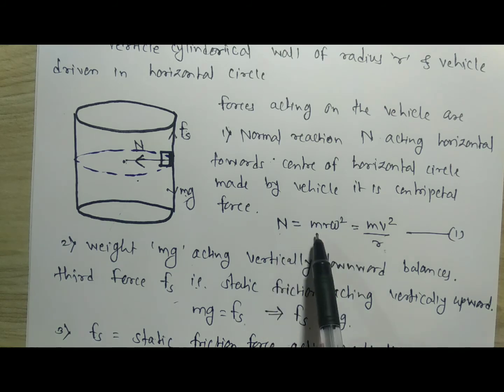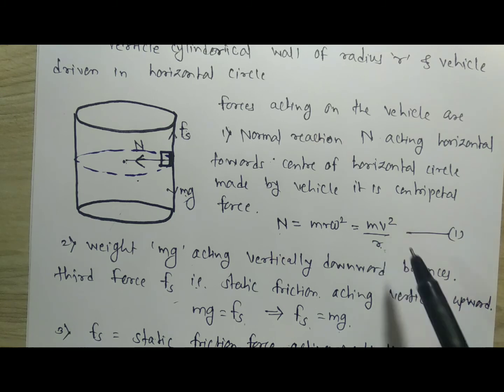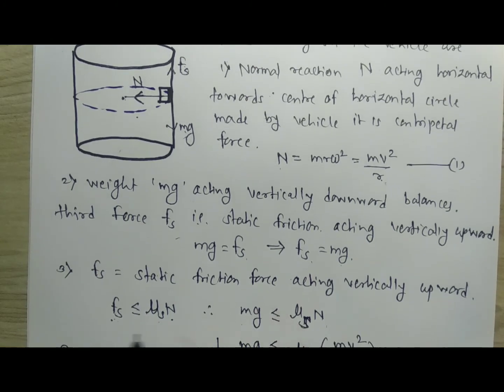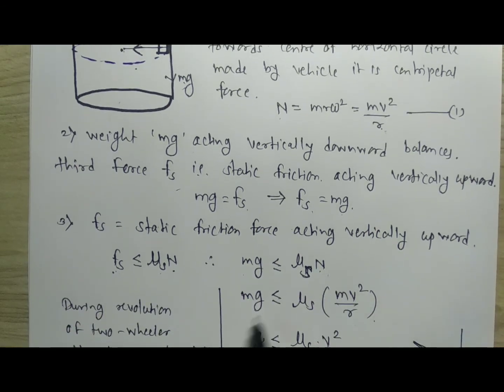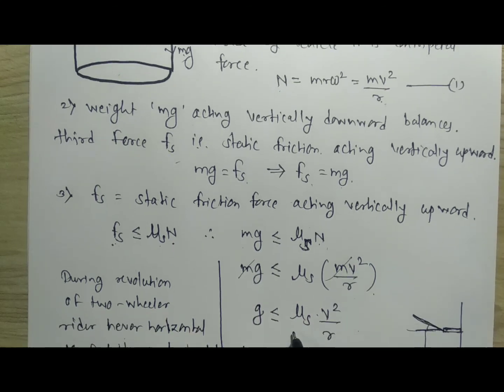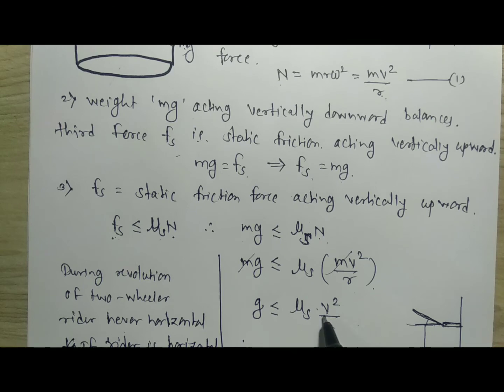Therefore normal reaction is equal to m r omega square, which is equal to mv square divided by r, and by using static friction force Fs, which is less than or equal to mu s into n, at that time mg is less than or equal to mu s into n, where we put the value of n here, and m is cancelled on both sides, g is equal to mu s into v square divided by r, and therefore v square is greater than or equal to rg divided by mu s.